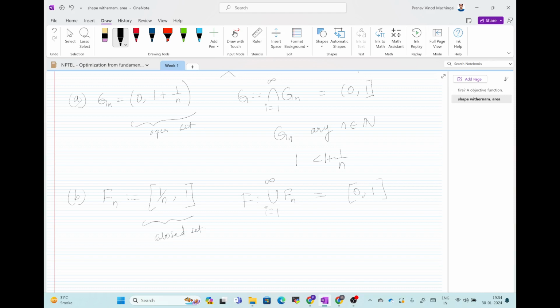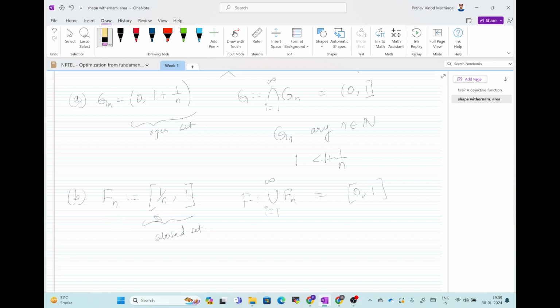So we can see 1 is part of all the sets. That is clear to us. So it will be part of the union also. And for 0, for given f n we can see 0 is not part of the set, right? So it will never be.